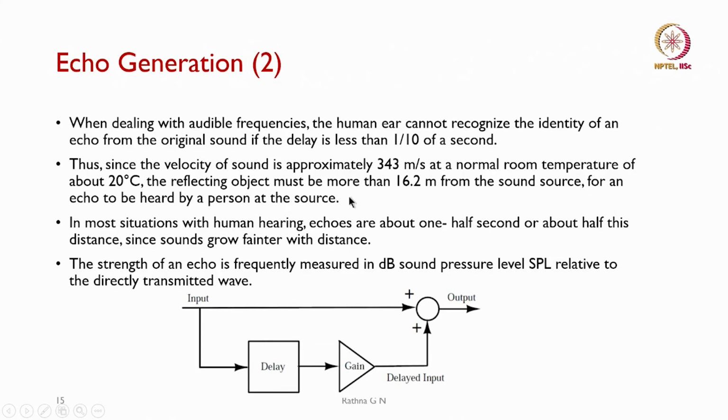So, only then will you hear it. You would be wondering why, wherever I speak, I am not able to hear my voice back. Most of the sound recording rooms you will see have what we call echo cancellers, padding with material not to reflect the sound.